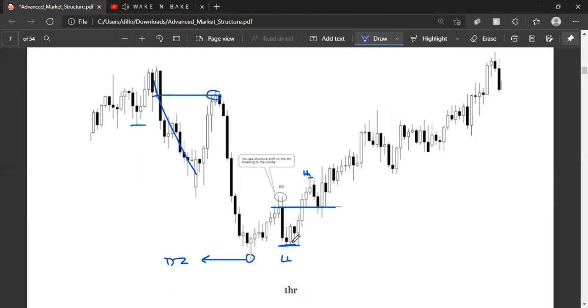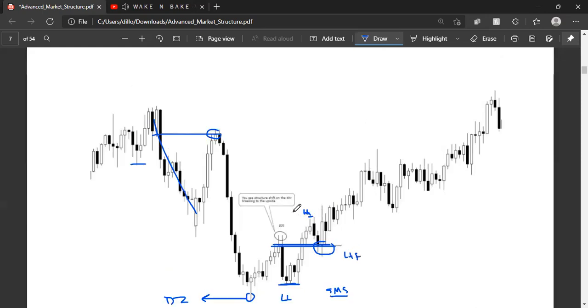But either way, you see right here from this low to this high, we have created a shift in market structure. So we see a retracement back into this structure. In this area right here, we want to go to a lower time frame and watch this structure.